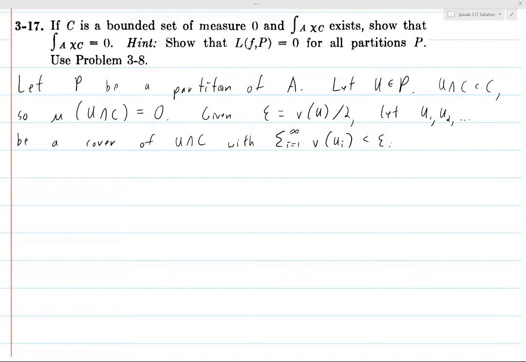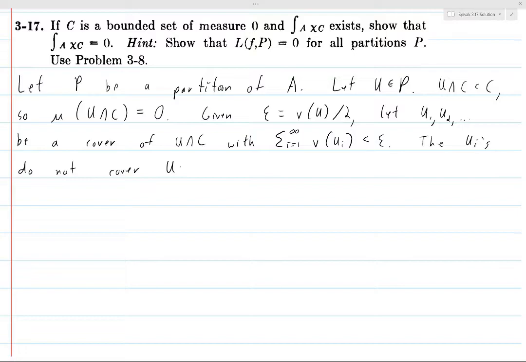So the Ui's cover U intersect C, but the Ui's do not cover all of U, because epsilon is the volume of U divided by 2. So if you were to take the union of all the Ui's, that would have total volume less than the volume of U over 2.